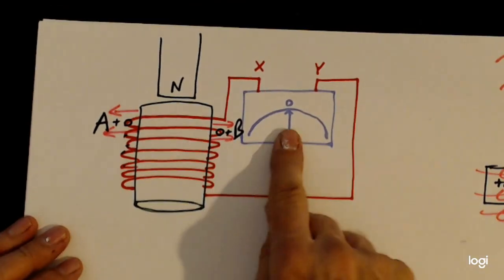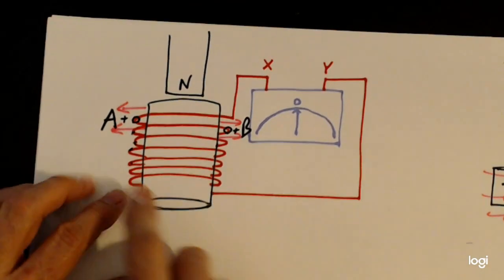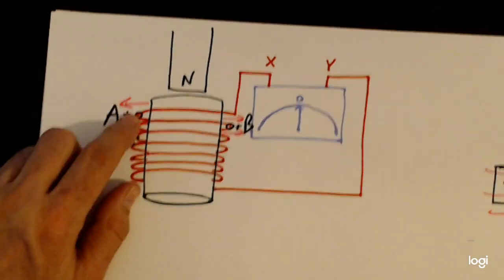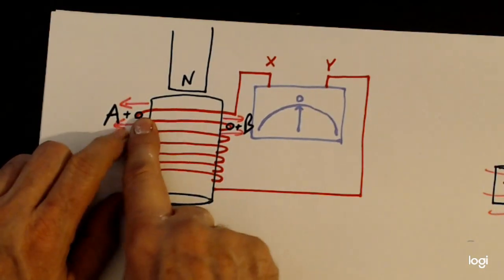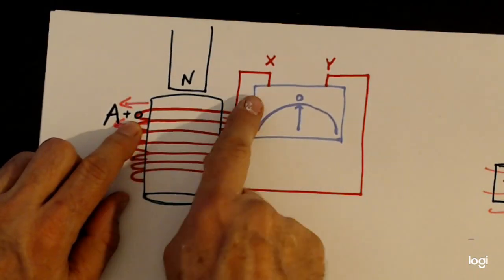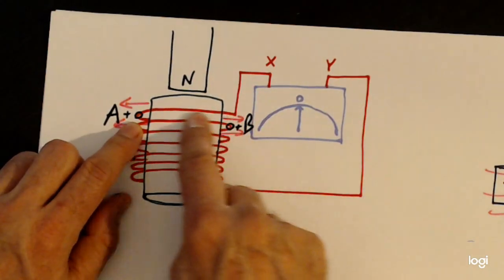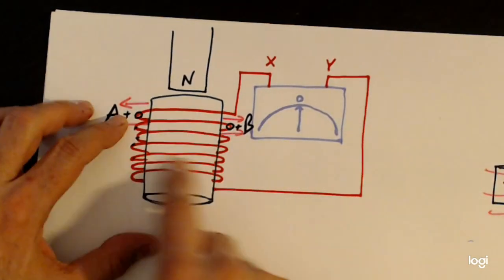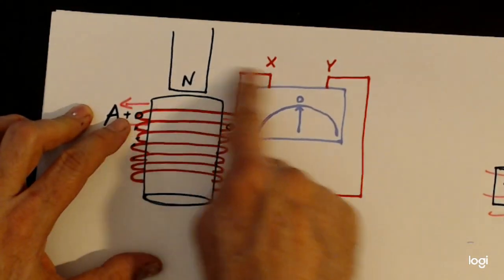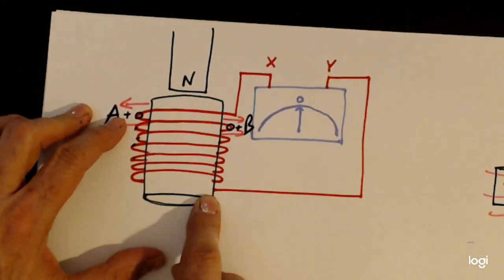So the question is, which way is this needle going to go? Right? All right, well, if A is going into the page, then A is going away from X, right? It's going that way. Right? It's going to end up going down. It's not going to go up towards X. This is the way down. Right?